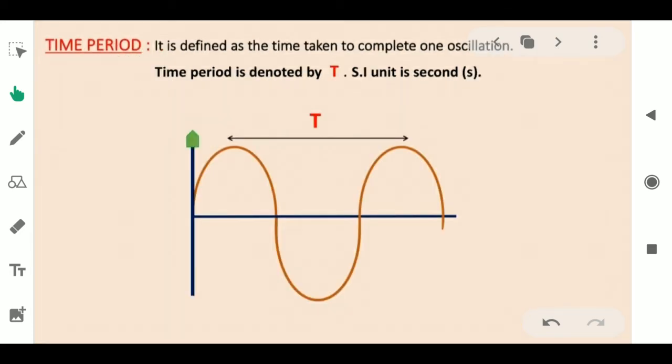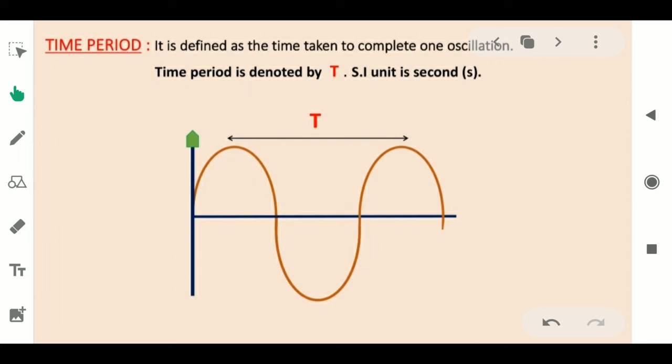What do you mean by time period? It is defined as the time taken to complete one oscillation. Again, consider a sound wave that starts from here and ends at this point, right? So one oscillation means starting from this point and ending at this point. This is what we call one complete oscillation.